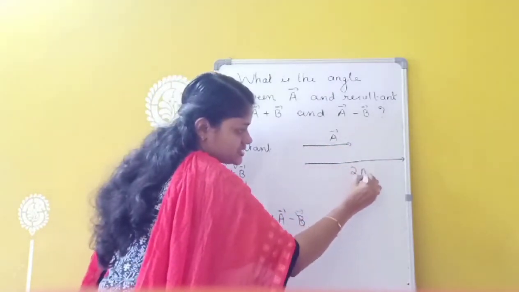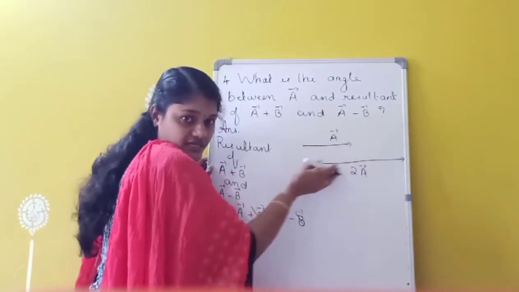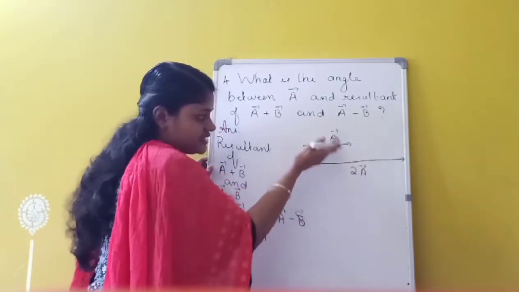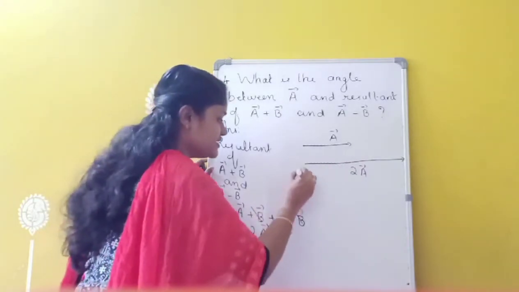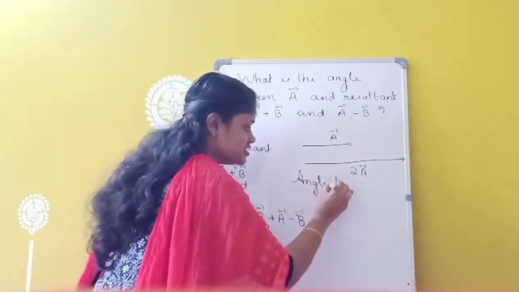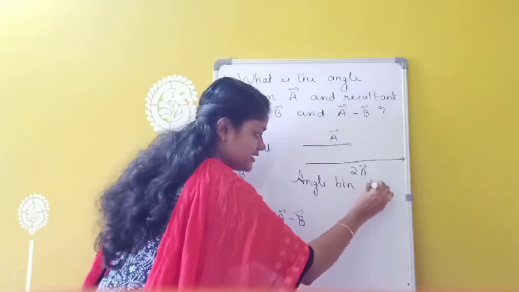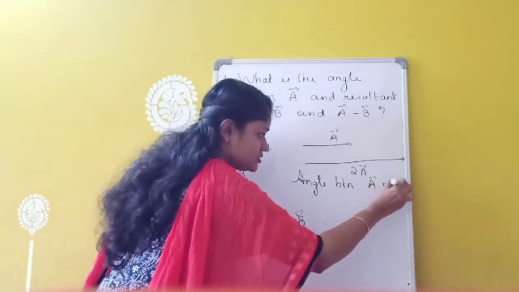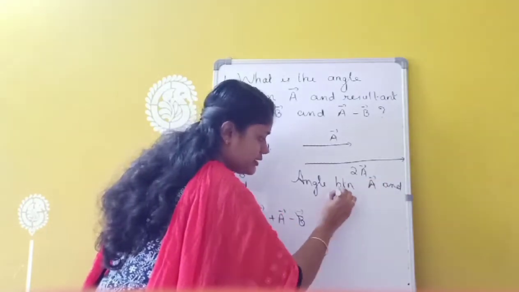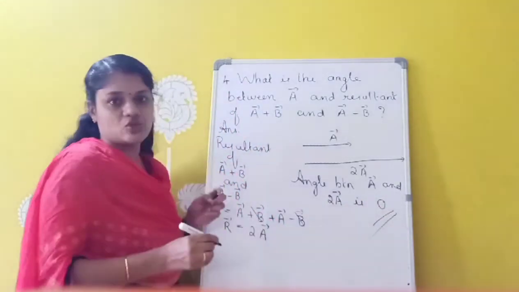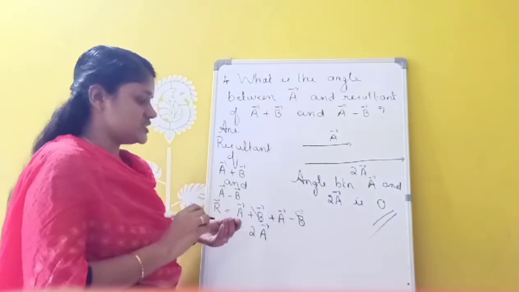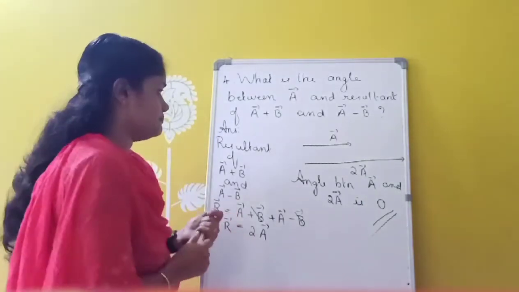So both vectors are in the same direction. What is the angle between these two vectors? 0, because both are in the same direction. So the answer is 0. 0 degree is the angle between vector A and 2 vector A.